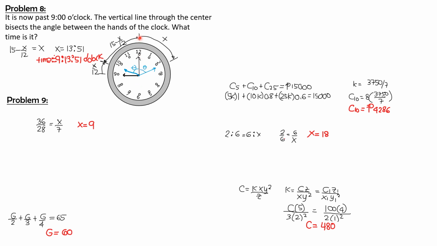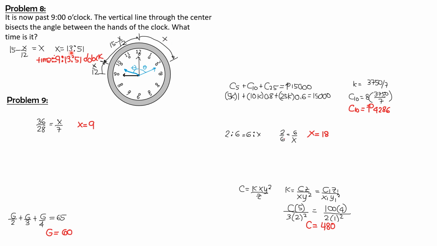So from the initial position of the minute hand to its final position, call that x. Initial position of the hour hand to its final position, x over 12. So take note that the time spacing between 9 and 12 is 15 minutes. So if this is x over 12, this is 15 minus x over 12. Since these two spacings or numbers of minutes are equal, then we equate 15 minus x over 12 to x.